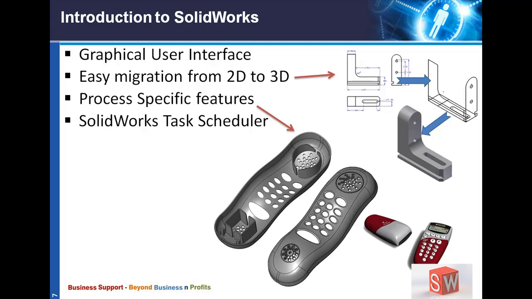The next one is process specific features. There are two components here, a phone and a calculator. If you look into these products, there are some specific features that you will use frequently. For example, there is a hole we call a vent hole, and there is a mounting used for assembling two components.